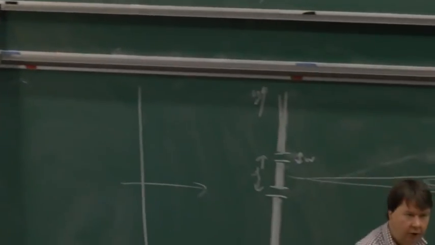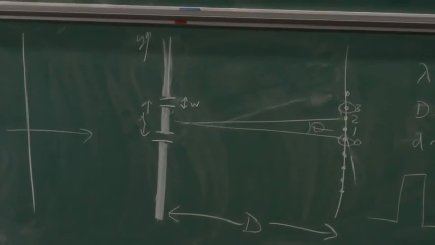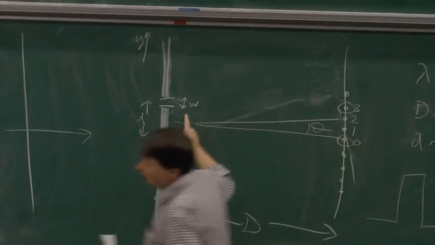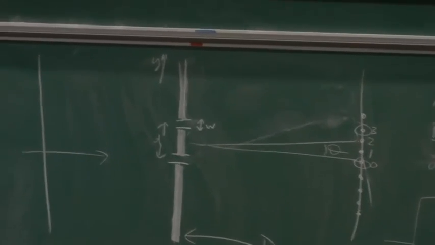Let's say that's the 0th, 1st, 2nd, 3rd order. For example, we notice there's no 3rd order spot. There seems to be one missing. Well, that's because we've hit a condition where each of the slits has its own zero in its diffraction pattern, and that meets this maximum. Once you've got the idea in hand, the maths is quite easy.